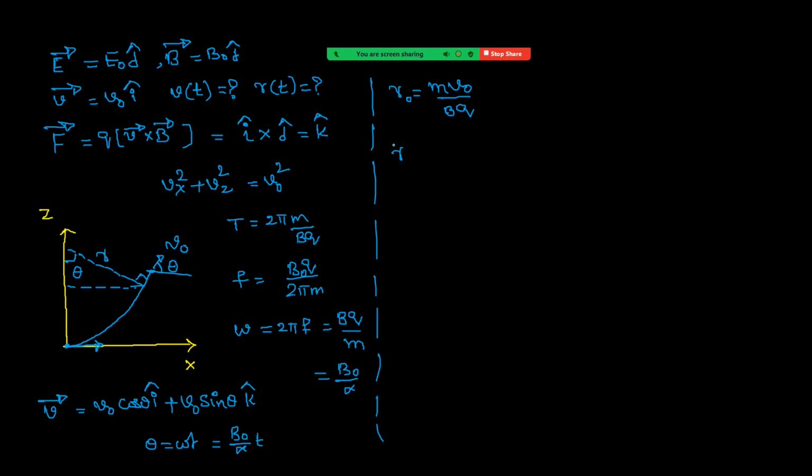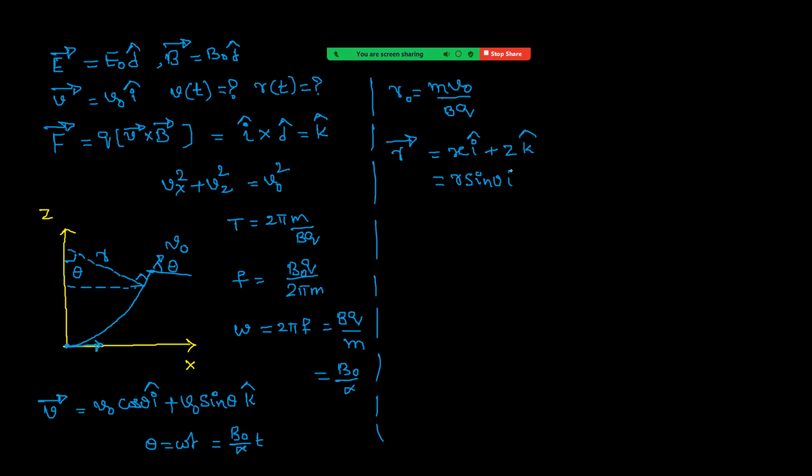Now r bar equals x i cap plus z k cap, because motion is confined to the xz plane. So it has only x and z coordinates. And coming to the x value, it is r sine theta.